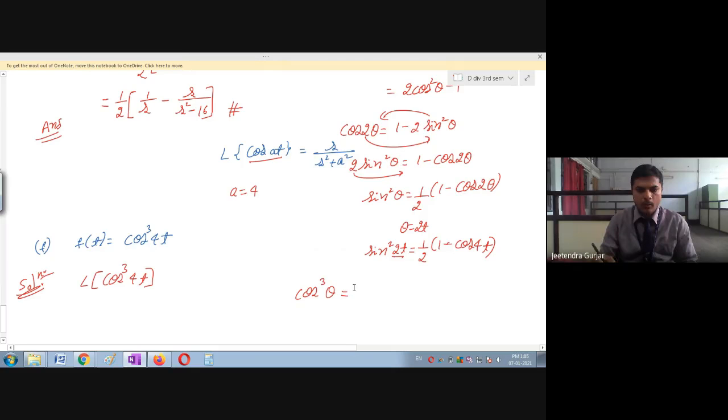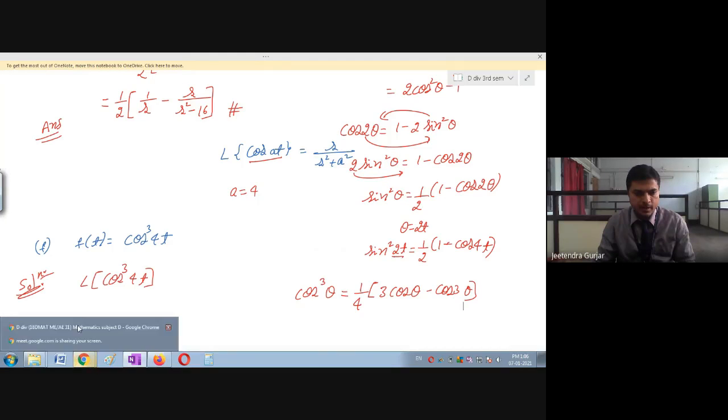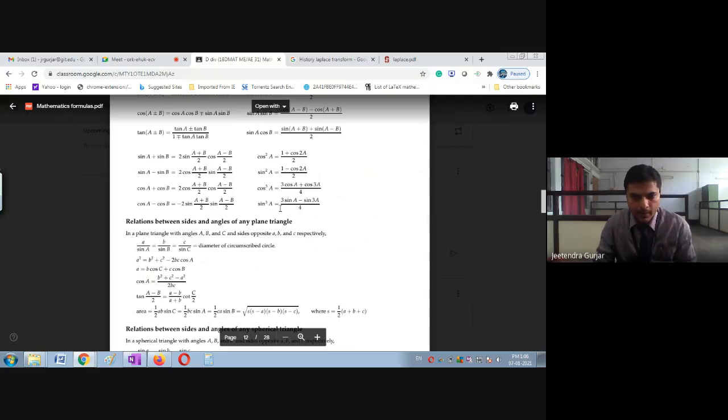So cos cube theta, or A you can take, this is 1 upon 4, (3 cos theta plus cos 3 theta). Am I right? Please check once again. What is the formula we have?